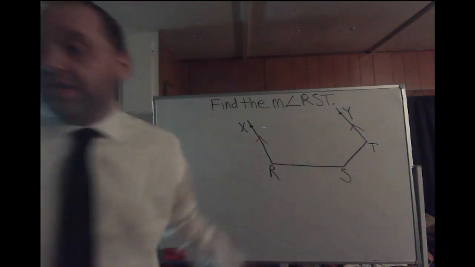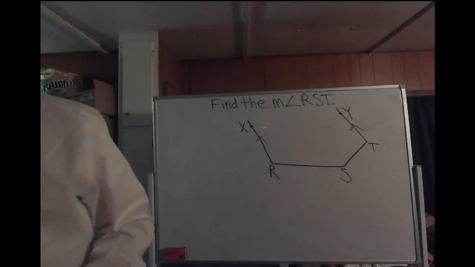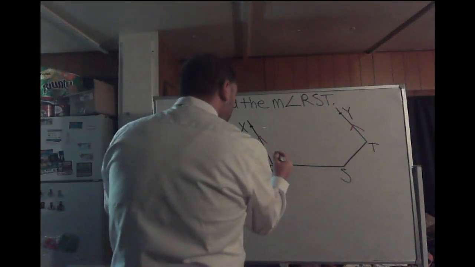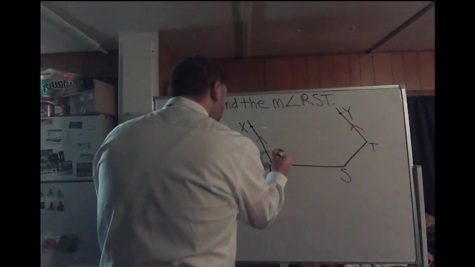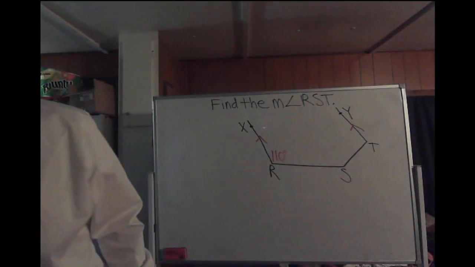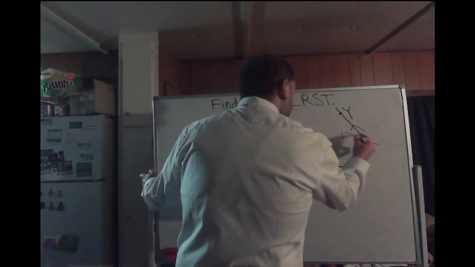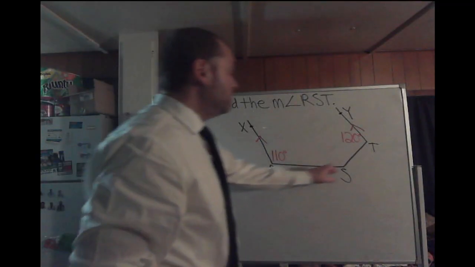So we are given that. They give us that angle XRS is 110 degrees. They give us the angle YTS is equal to 120 degrees. We got to find the measure of angle RST.